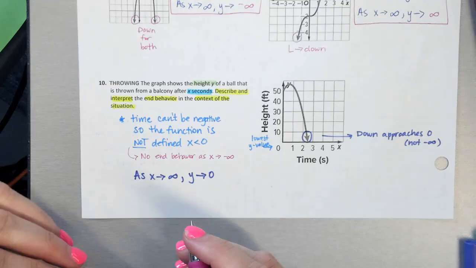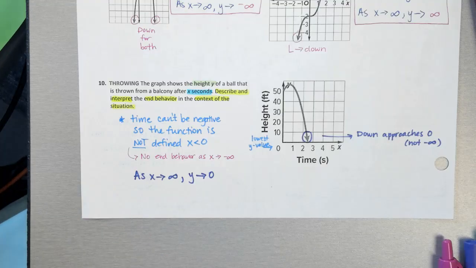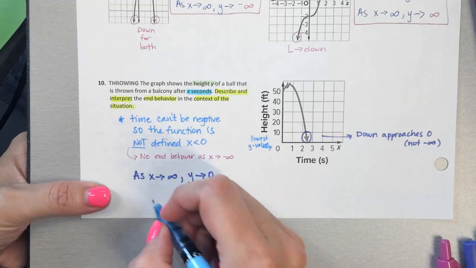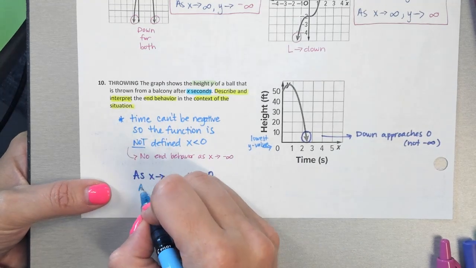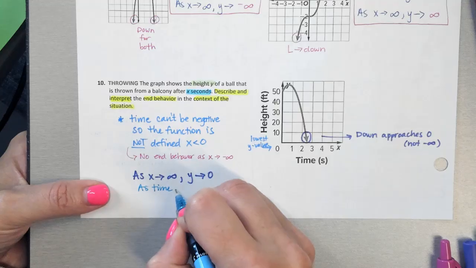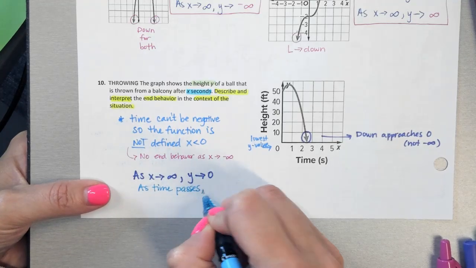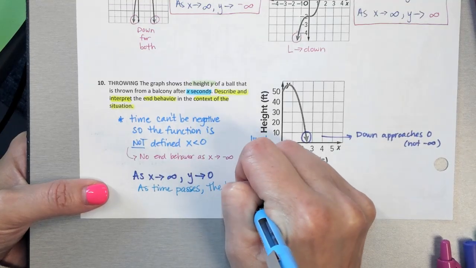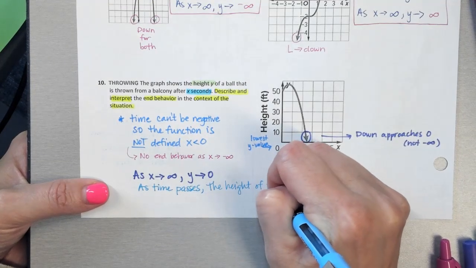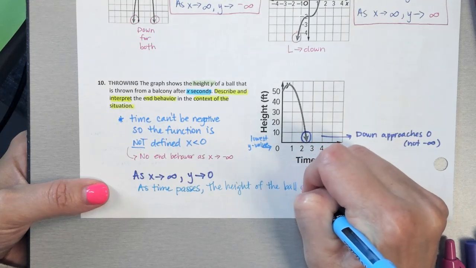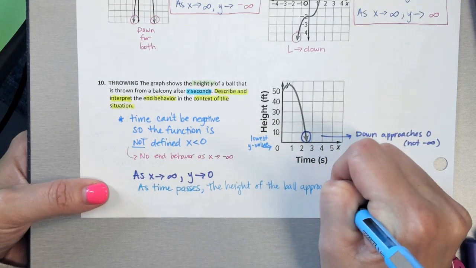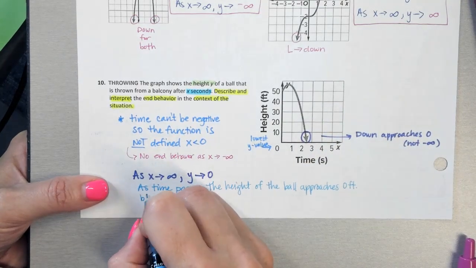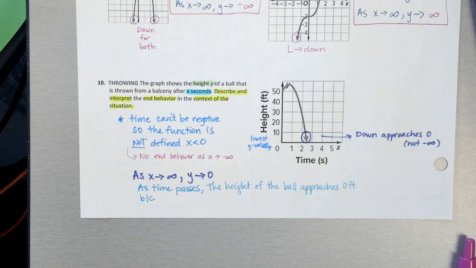All this is saying is that as time passes, the height of the ball approaches 0 feet, because what is the ball doing?